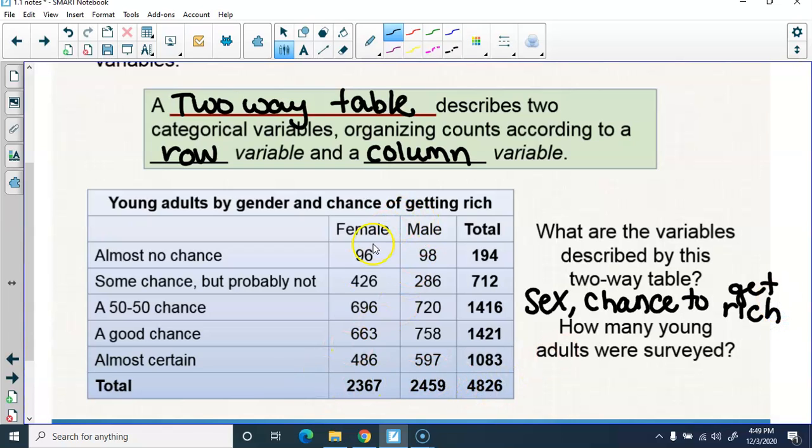Here we're just reading the table, making sure we understand what these numbers all mean. We have total. If I'm looking down the rightmost column, that's the total of each of the rows here. But if we go all the way down, then we can see the total of 4,826 young adults surveyed, all in all.